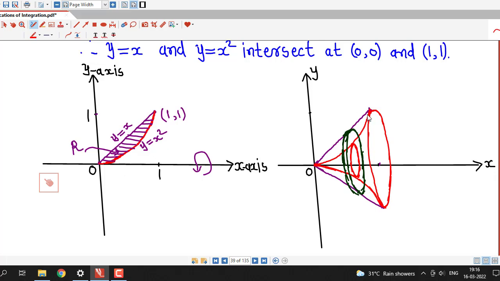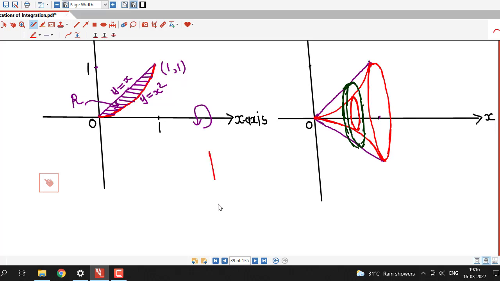So here the solid will have a hole inside it. Our solid will be this portion. Our solid will not contain the part between these two. The inside portion is a hole or cavity.